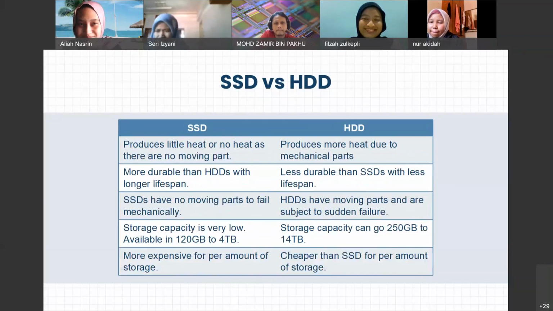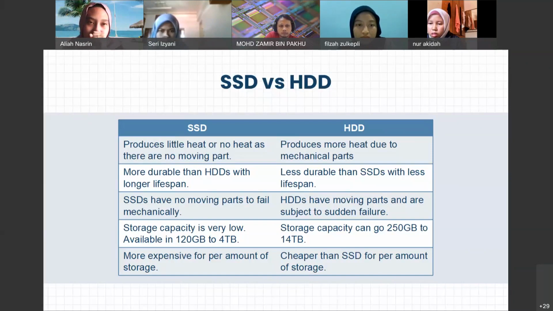Since the SSD does not demand much power, it generates very little heat, as there are no moving parts, while the HDD produces more heat because it has moving parts which are constantly moving around.